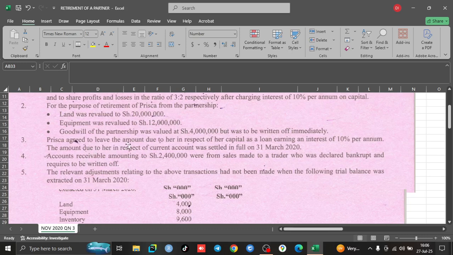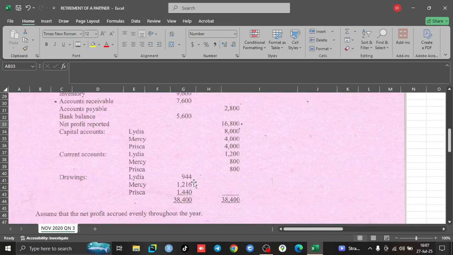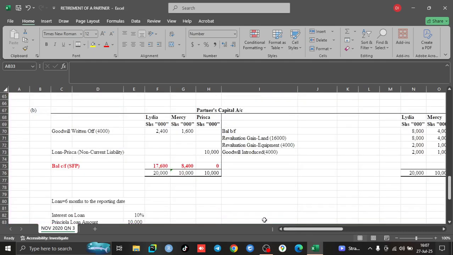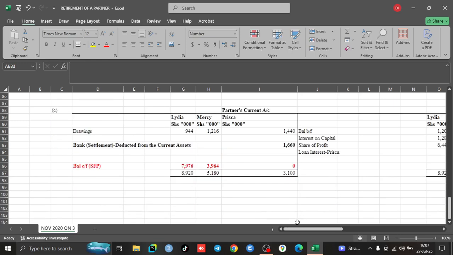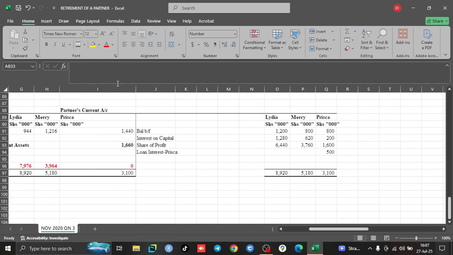The amount due to her in respect of her current account was settled in full on the 1st of March 2020. And if it was settled in full, it would mean that that's the amount we are going to settle in terms of her interest.